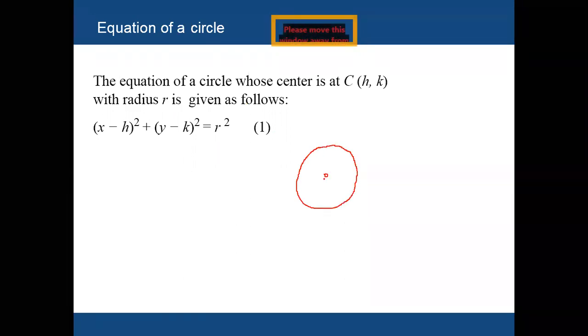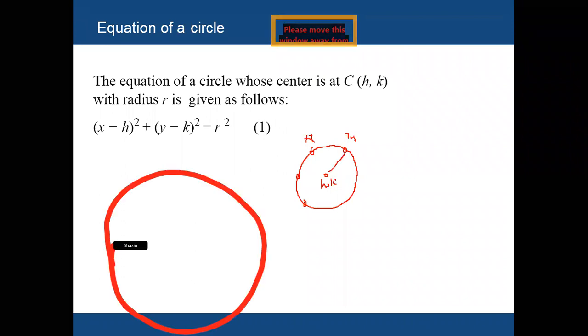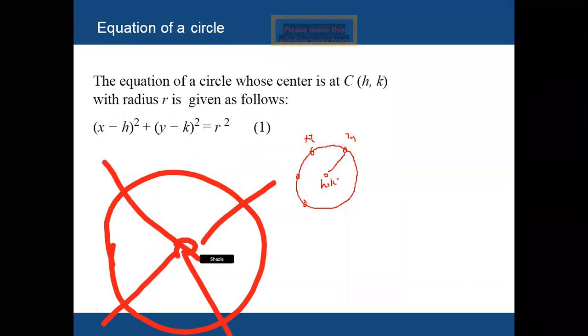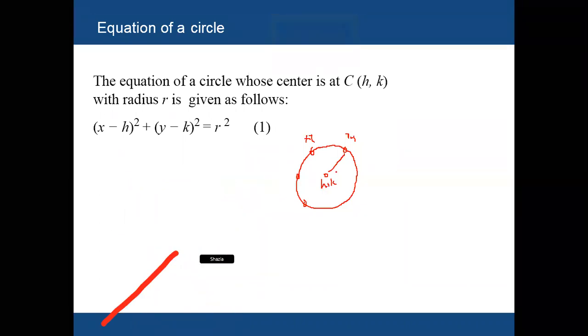Central point h and k, and x y any point on a circle. The distance between h and k and any point on the circle is actually the radius.